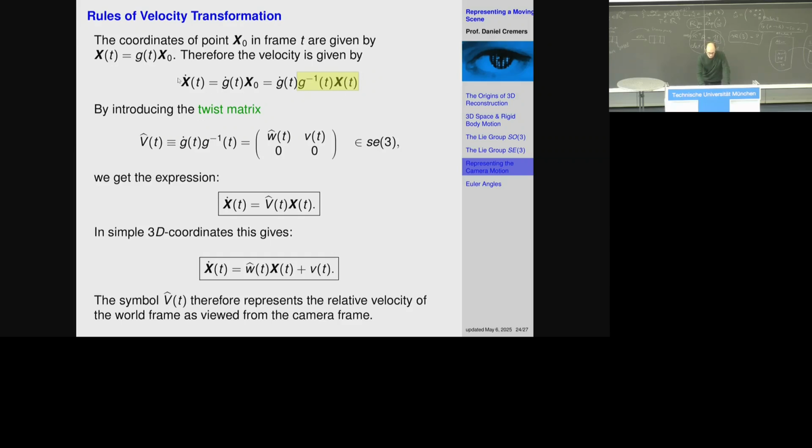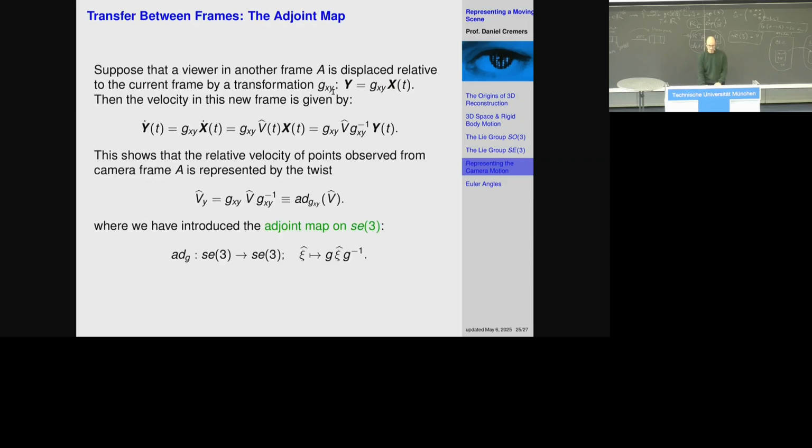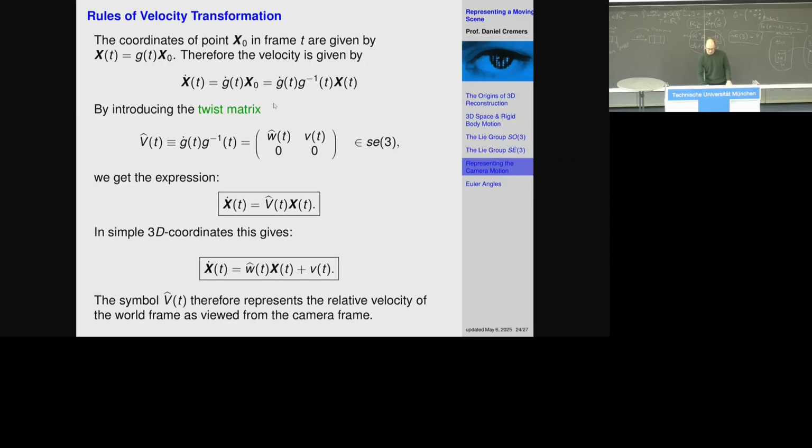And so we see that we have this equation: x dot is g dot g inverse times x. And g dot g inverse, we saw, is an element from the Lie algebra. And this is notoriously so. As soon as you consider time derivatives in Lie group structures, you can expect the Lie algebra will pop up, because that's the tangent space. That's what you can expect.